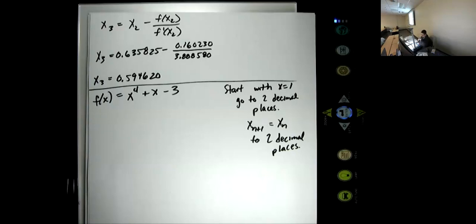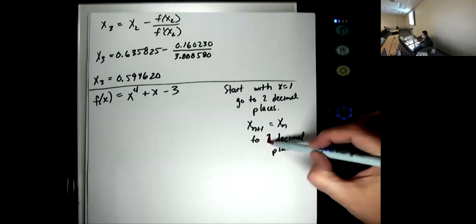Do 1 decimal place. I don't know that we have time to go to 2 decimal places with the 10 minutes we have left.